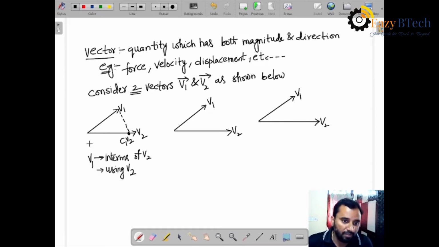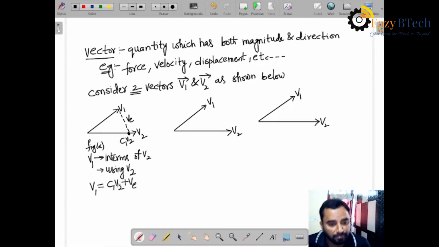This is figure 1 or figure A. In figure A, to express V1 in terms of V2, this dotted line I am taking as error vector V. So V1 can be written as C1 V2 plus error vector V. This is the way of writing in this figure.